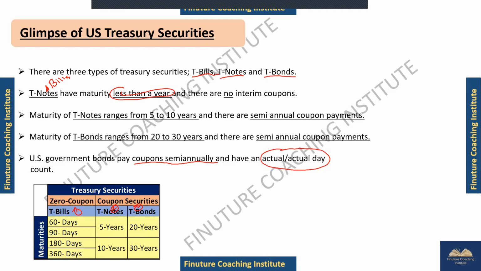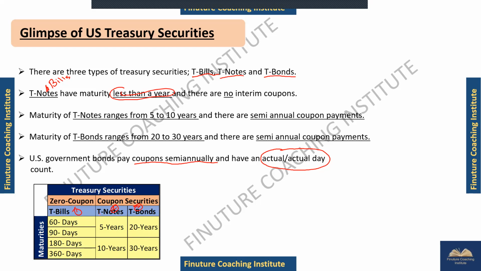T bills have zero coupon payment, and these two, with maturity greater than a year, have the semi-annual coupon, and these are T notes and T bonds. The difference between these two is that T notes have maturity between 5 to 10 years, and T bonds have maturities between 20 to 30 years.